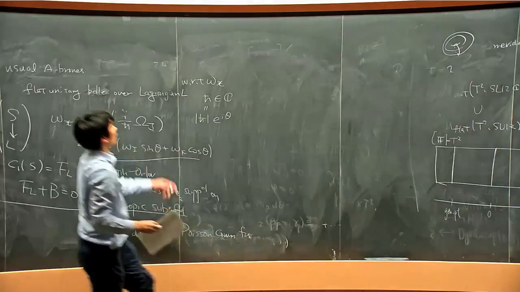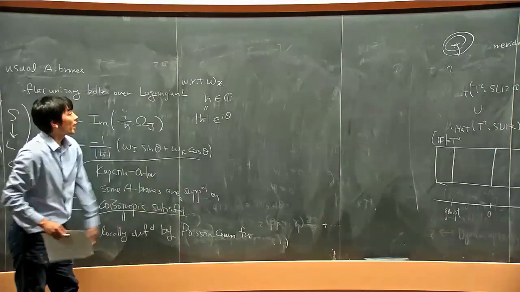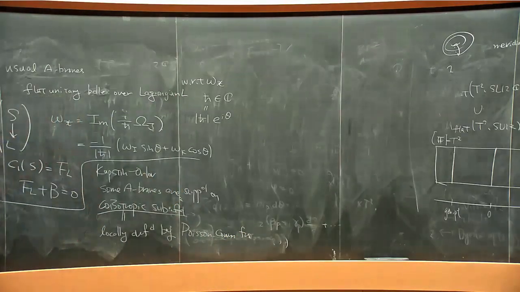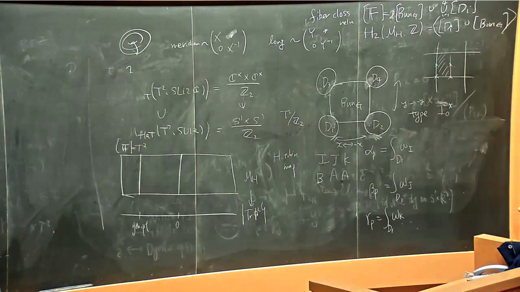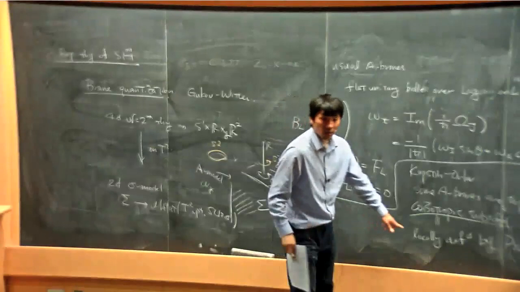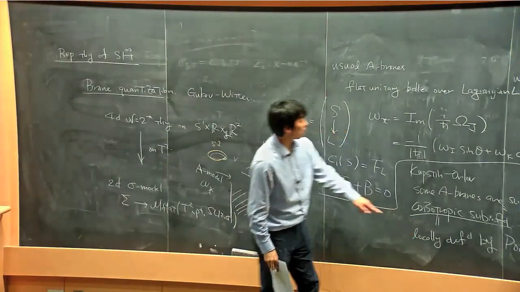And the Poisson structure comes from omega x. So the maximum number of Poisson commuting functions is half of the dimension of the target space. I'm sorry, I think I broke the mic. I hope it's okay. Yeah, so the maximum number of Poisson commuting functions is half of the dimension of the target space.